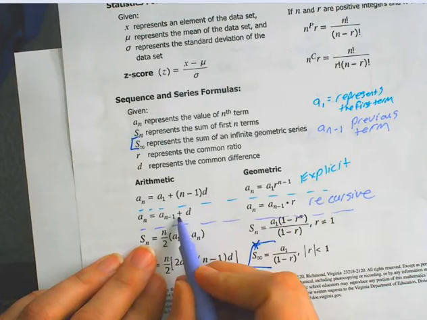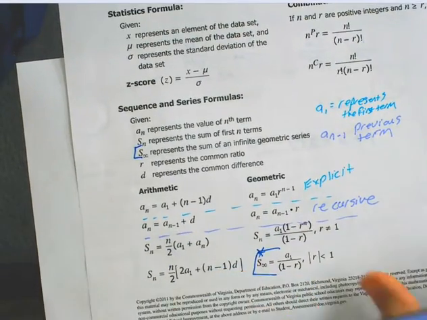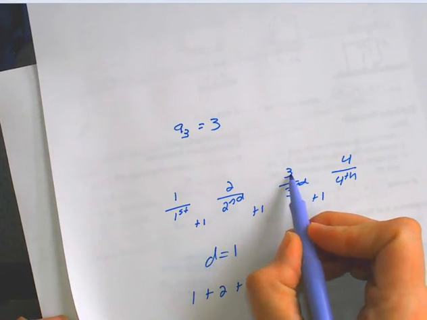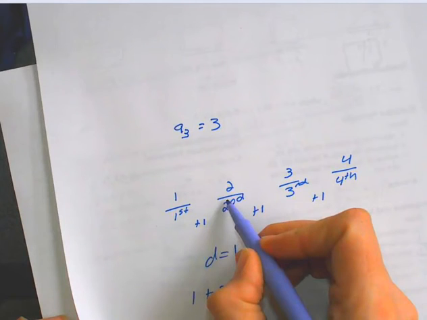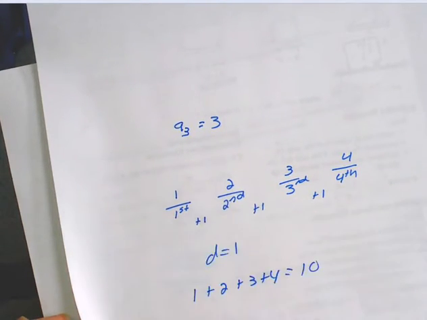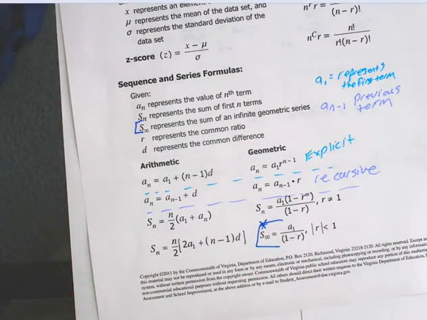For example, if I'm at the third term, the previous term would be 2. And then from the second term, the previous term would be 1. Okay, and these problems you really have to read what the problem says in order to know which formula to use. Sometimes they'll give it to you, but sometimes you actually have to figure out what it's asking you for.